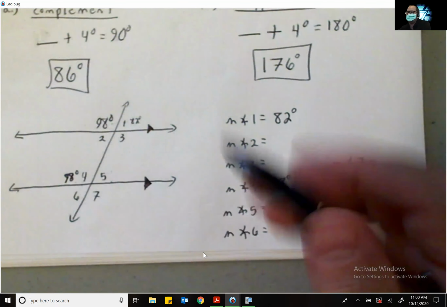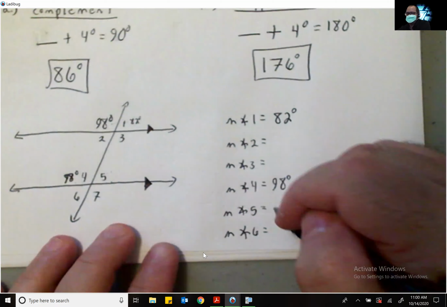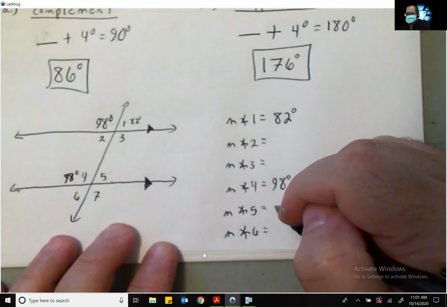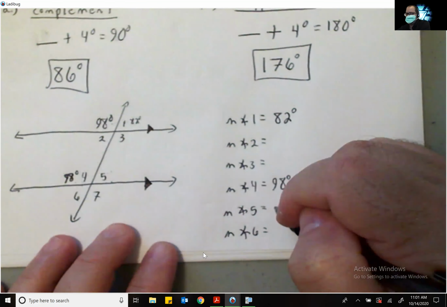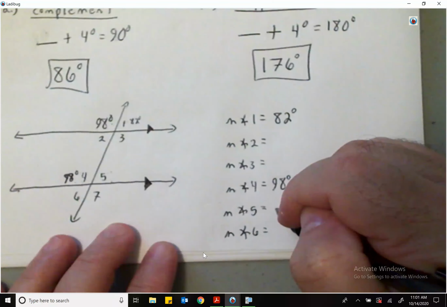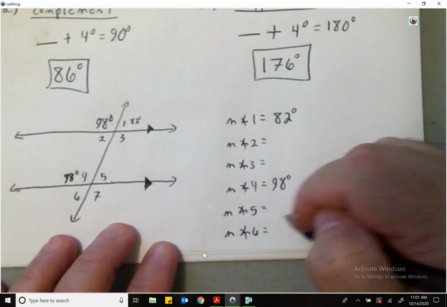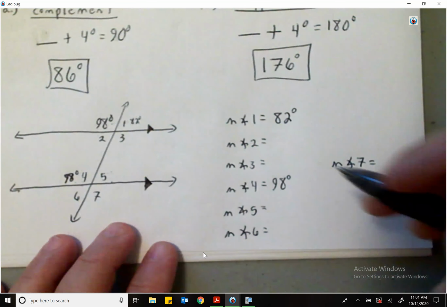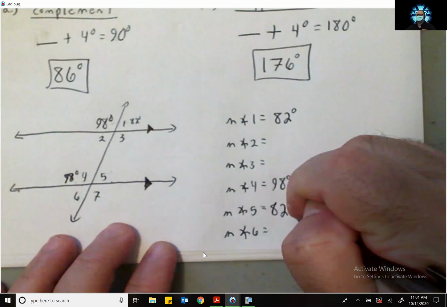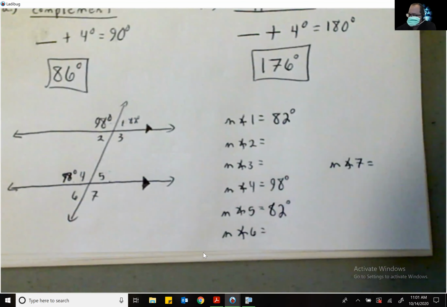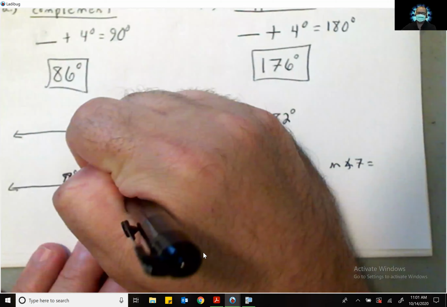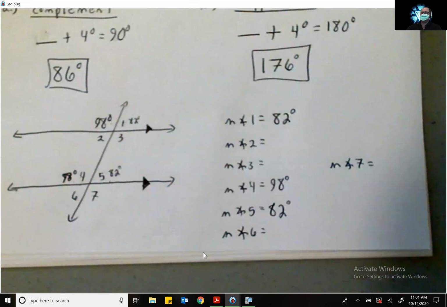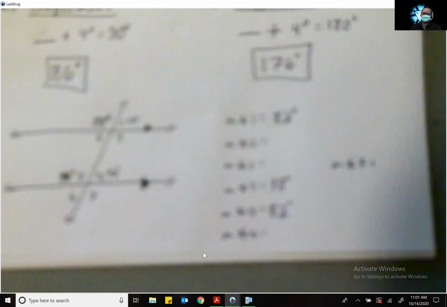So what must angle 5 measure? How much is angle 5? 82? Yep. So 82 degrees. Okay, we'll put that in there. Who else do we now know? 4 more angles.